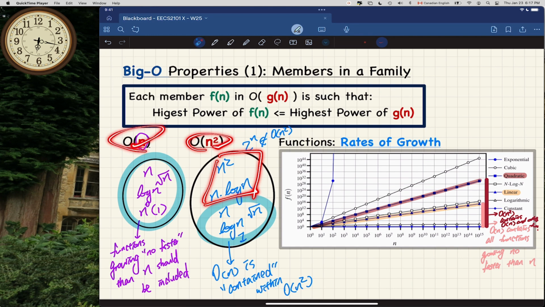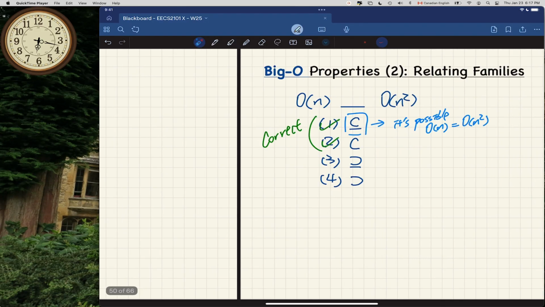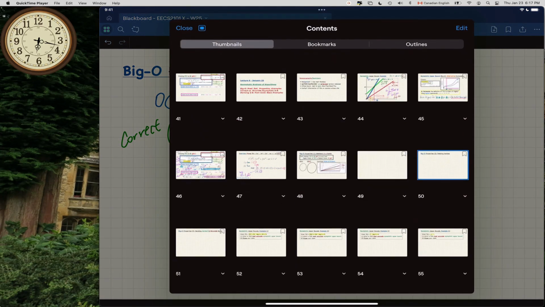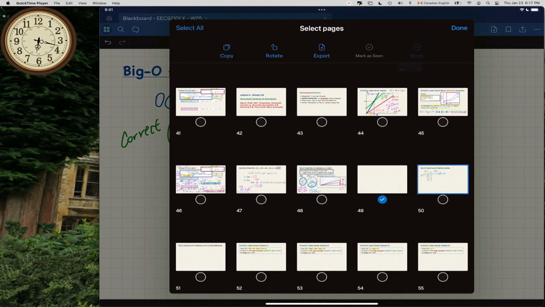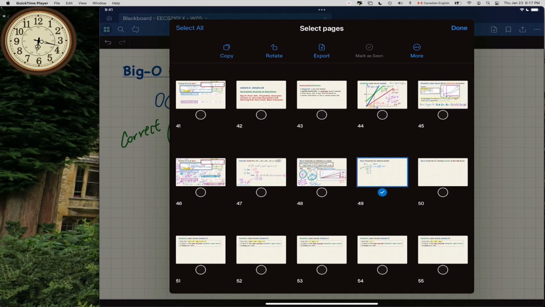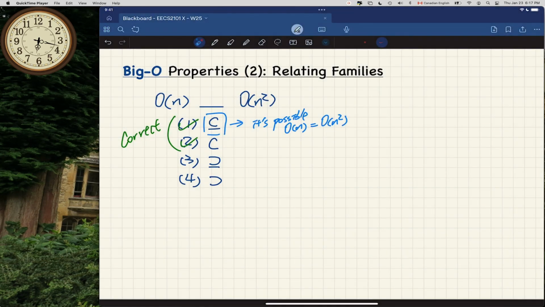So there's no way these two sets are equal to each other. So subset, even though that's correct, it's not accurate enough. That's an important point to make. Sorry, let me just delete that empty page. All right. So this will be correct and accurate.